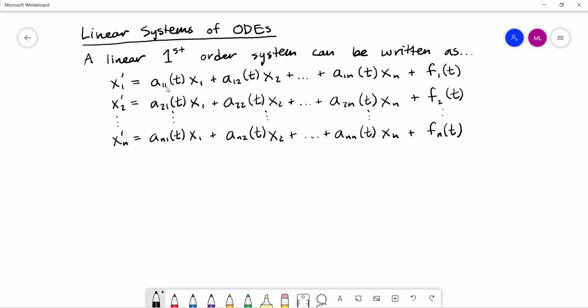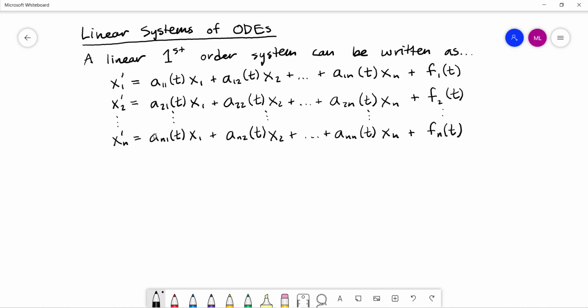So the second number here tells us that this is associated with x1, this is associated with x2, this is associated with xn. That pattern continues through all of these, and we now have a big, messy system of differential equations.